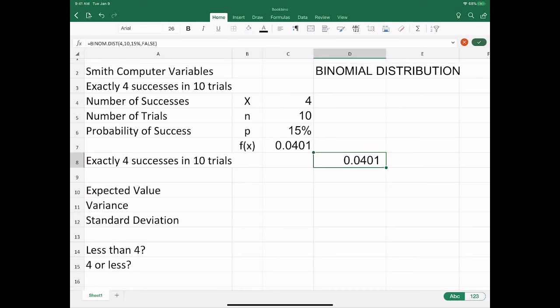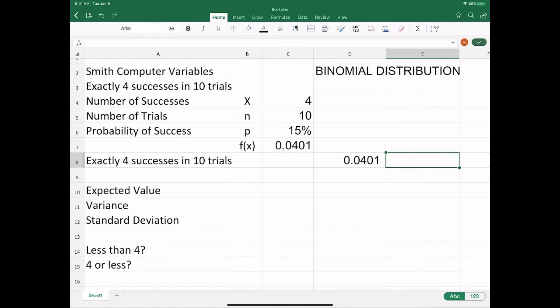If I highlight that cell and direct your attention to the upper left side of the screen, you'll see where it says equals BINOM.DIST and the numbers. That's what I entered in the Excel function, and Excel returned 0.0401, which is a decimal, and it's fine, and it's the correct answer. I could, however, decide to change how I want to look at that. Maybe I do, maybe I don't.